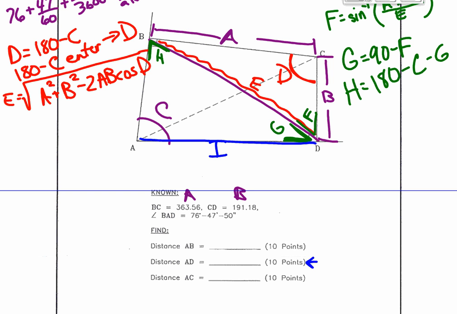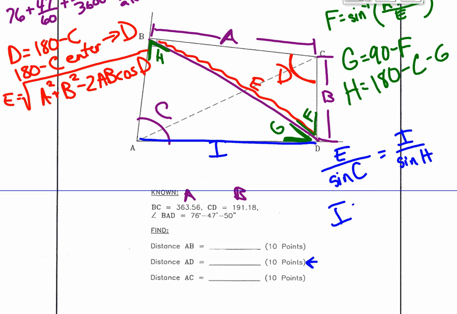And for that one, I can use the law of sines because I have that big E and I have the big C. So I'm going to take E over the sine of big C is equal to I over sine H. And so it's I that I want.